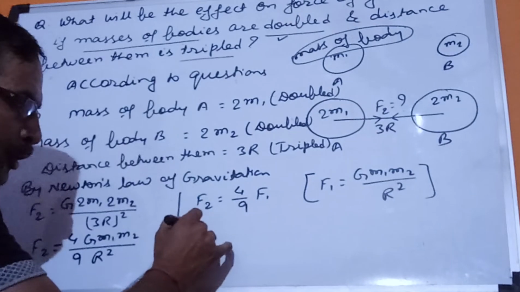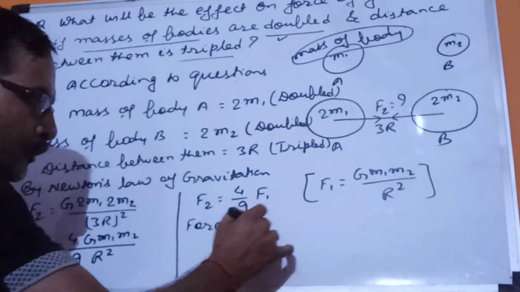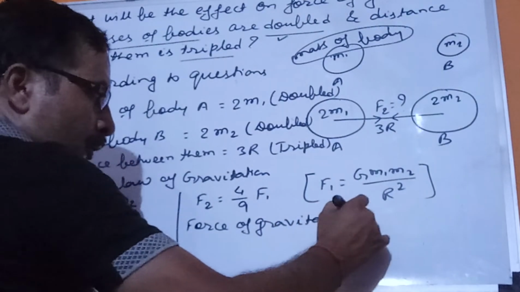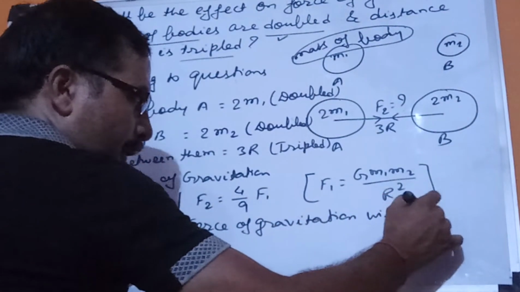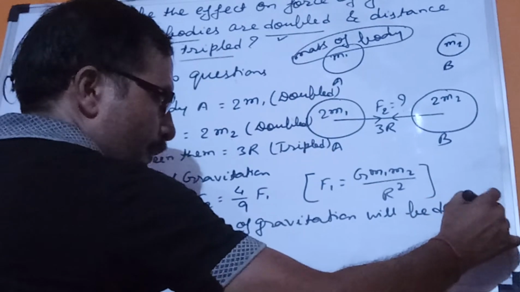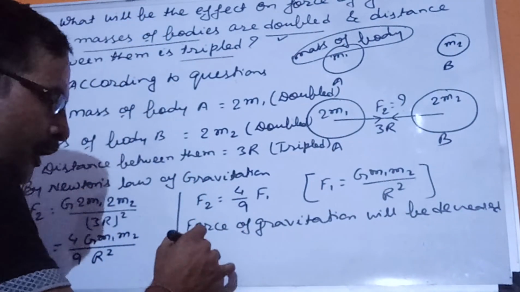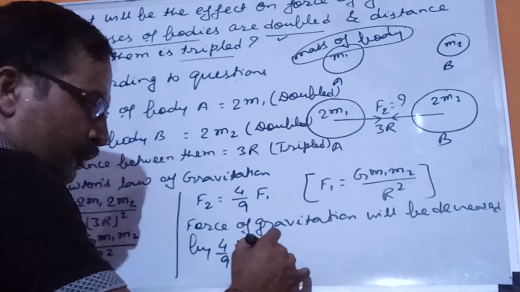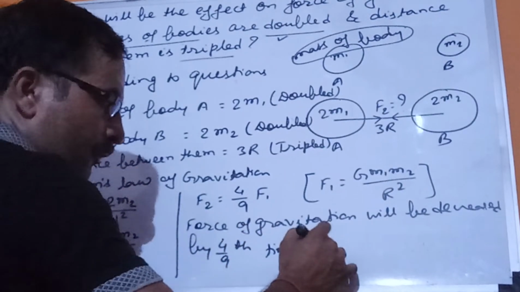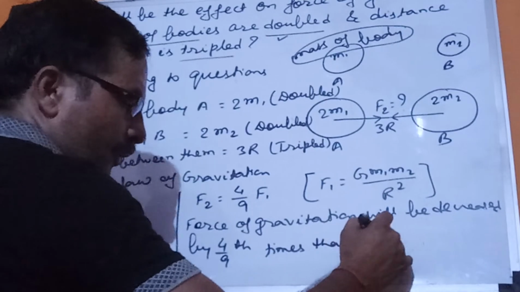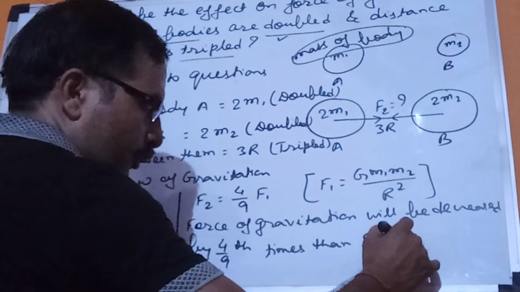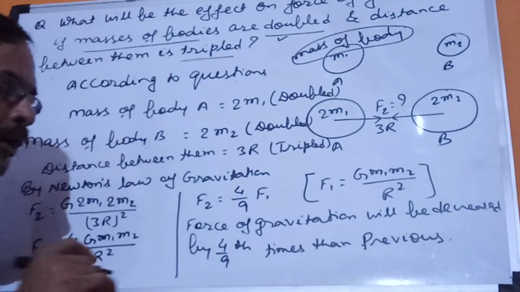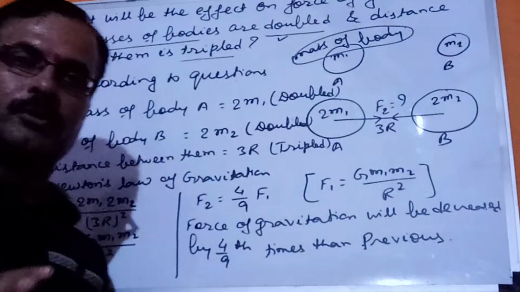The force of gravitation will be decreased by 4 by 9 times than the first case, than the previous case. This is the answer of this question.